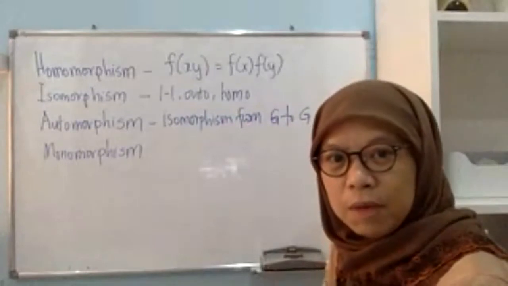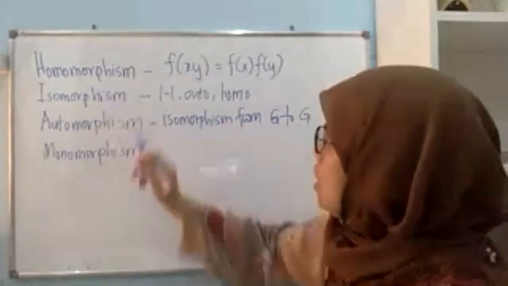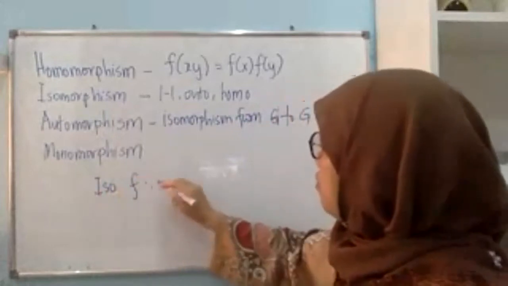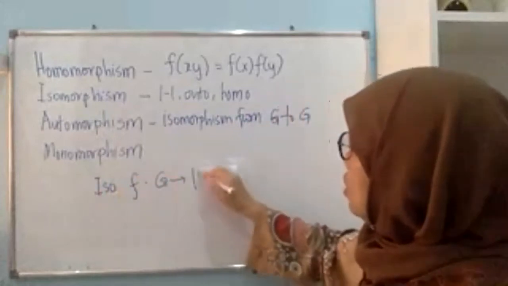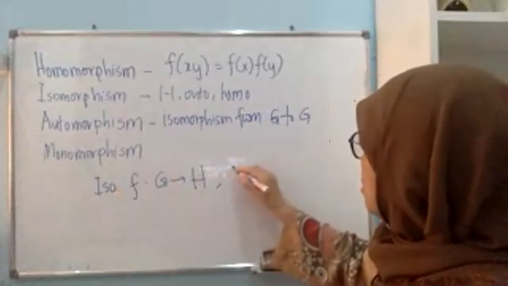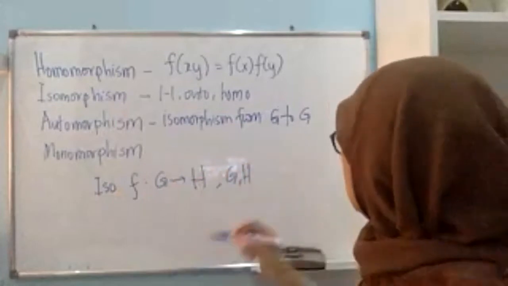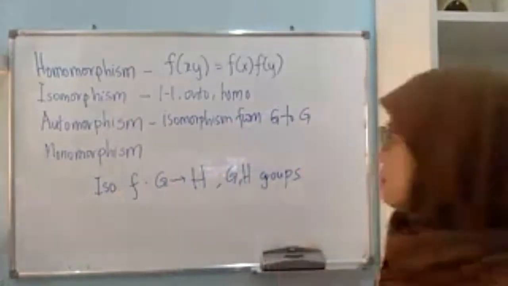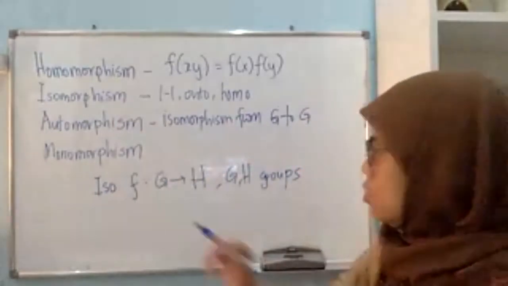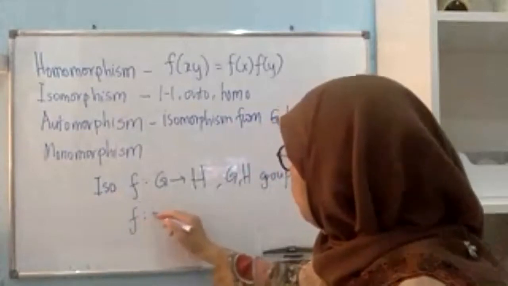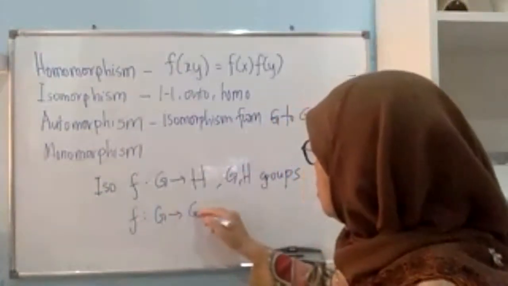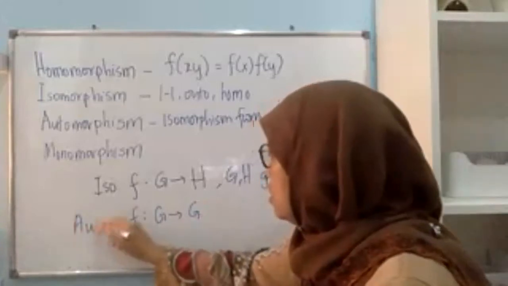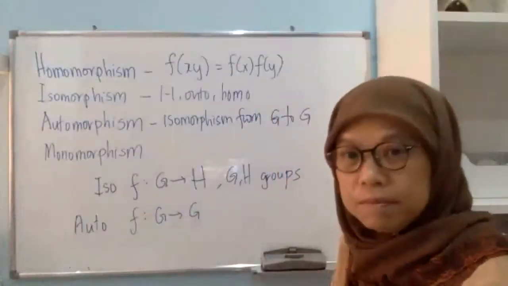Okay, if you remember, our original isomorphism is from G to H, right? Where in this case, G and H are groups. So if we do F from G to G, then we call this automorphism.